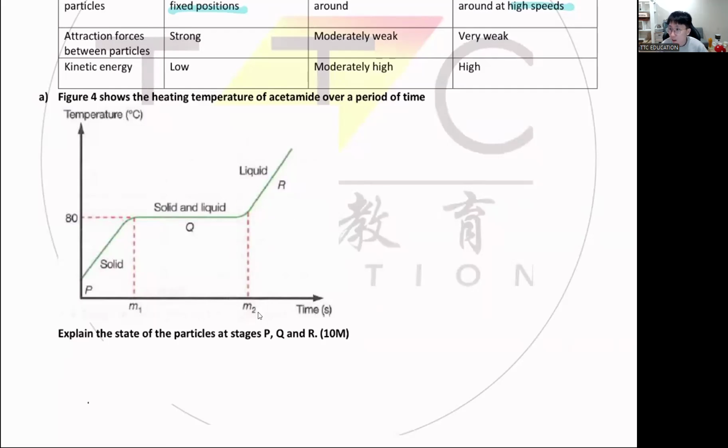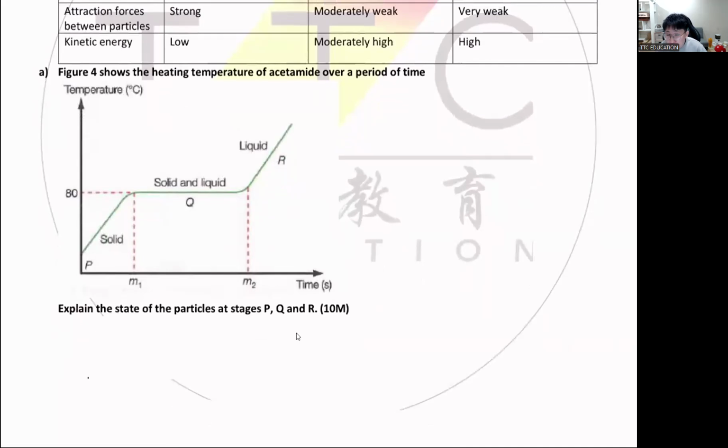Okay, explain the state of particles at P, Q, R, and again it's 10 marks. You'll be like, teacher. Okay, first of all, guys, they ask you to explain the state. So first of all, they give you the state, it's solid, solid and liquid. So P, why is it solid? They say explain. Explain means why is it solid?